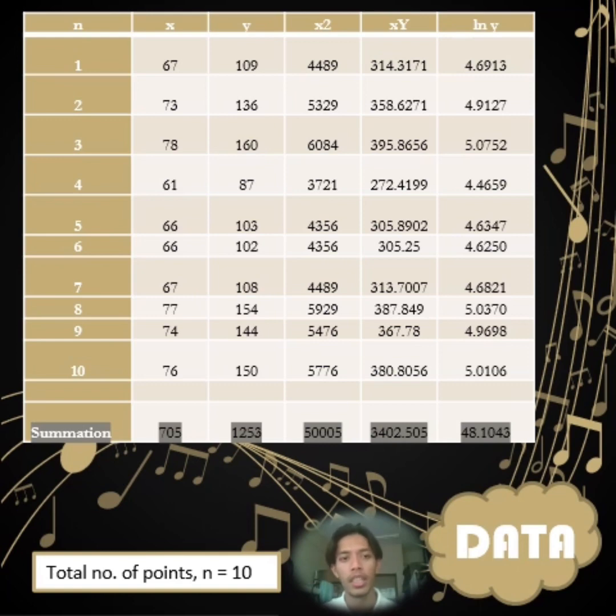From here, we get n equal to 10, summation of x equal to 705, summation of y equal to 1250, summation of x squared equal to 5005, summation of xy equal to 3402.505, and summation of ln y equal to 48.1043.